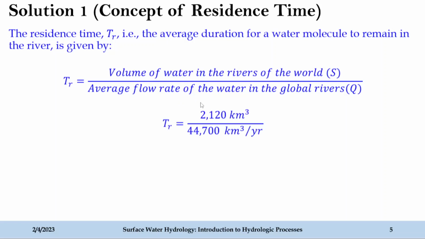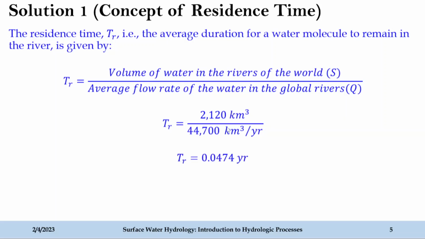So just now we have seen from the table that the volume of water in the rivers is 2120 kilometer cube, and then the average flow rate of the water in the global rivers. This is the flow rate where the global rivers flow towards the ocean via surface runoff. So we have taken the flow rate of the rivers via land, which is 44,700 kilometer cube per year.